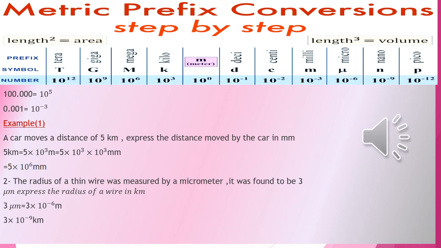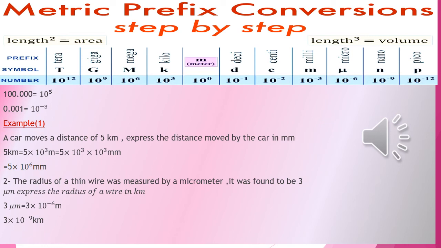What do you do? You count the number of zeros. It has 5 zeros, so we put 100,000 in standard form as 10 to the power 5.